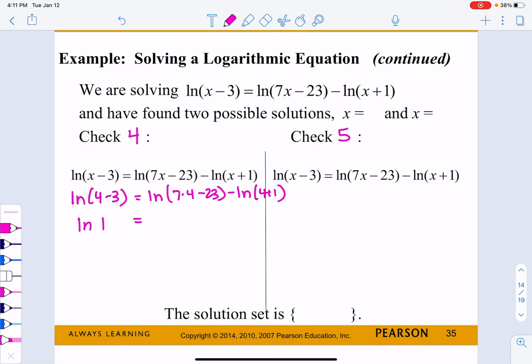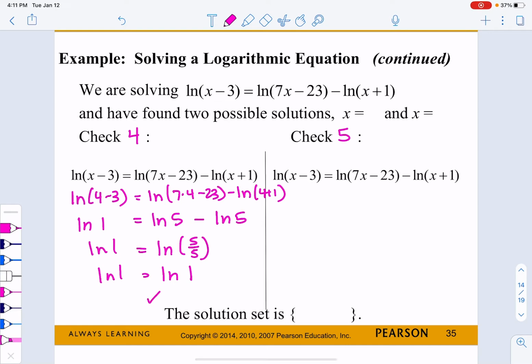So let's see, 7 times 4, that gives us 28. 28, take away 23, that gives us ln of 5. Minus, we have an ln of 4 plus 1 is 5. Now, if we have our natural logs and we have a subtraction, that means we have a division. So 5 divided by 5, that's going to give us an ln of 1, which we had an ln of 1. So that looks good.